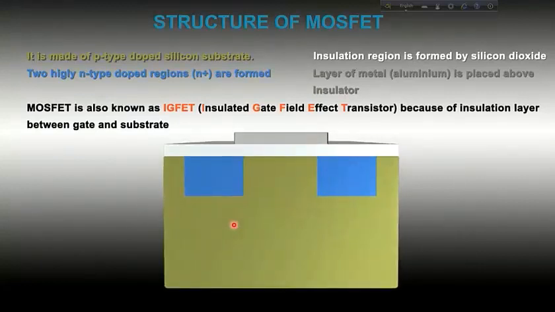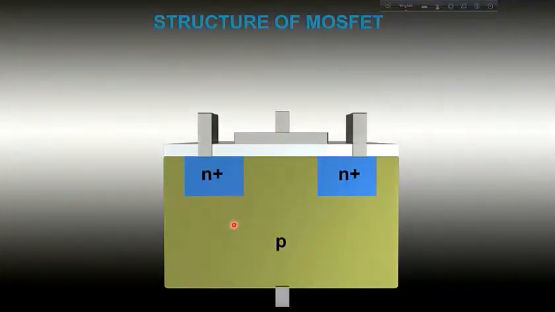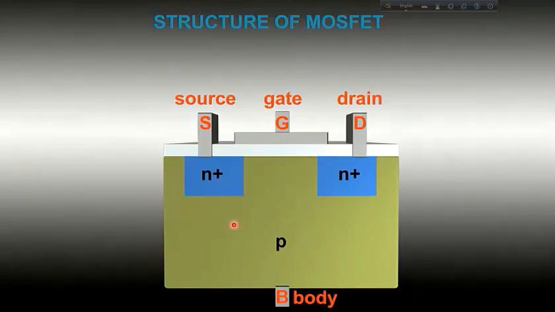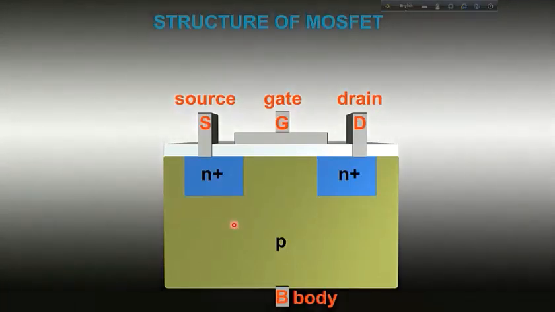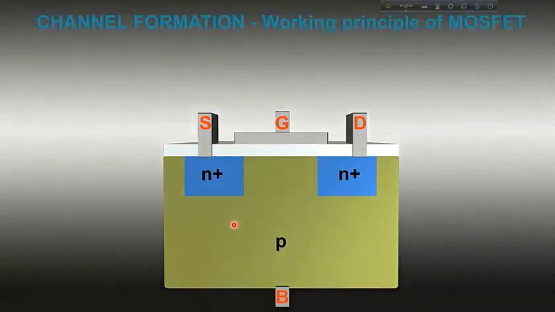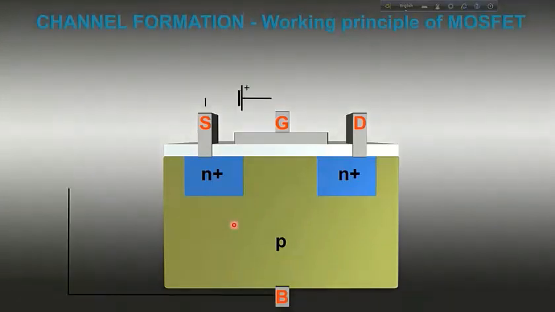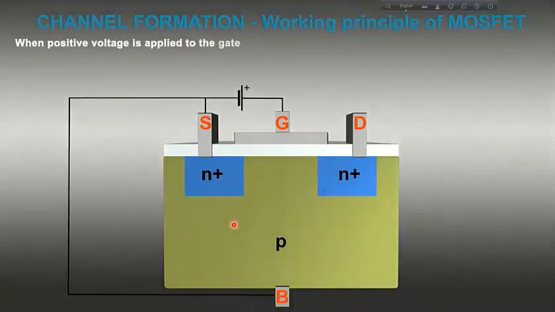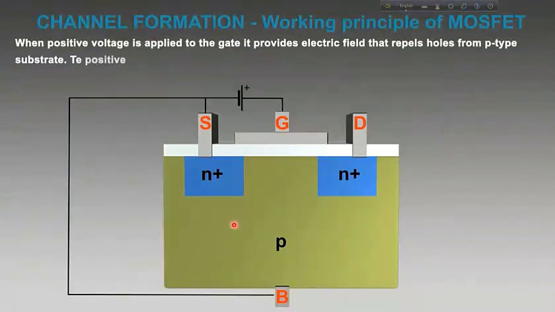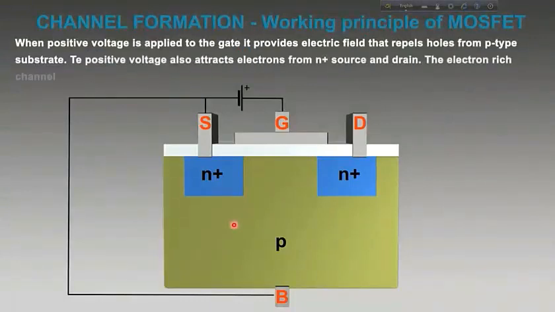It is also known as IGFET, insulated gate field effect transistor. It is showing the formation: what is source, what is gate and what is drain. It is showing the formation of the whole MOSFET.